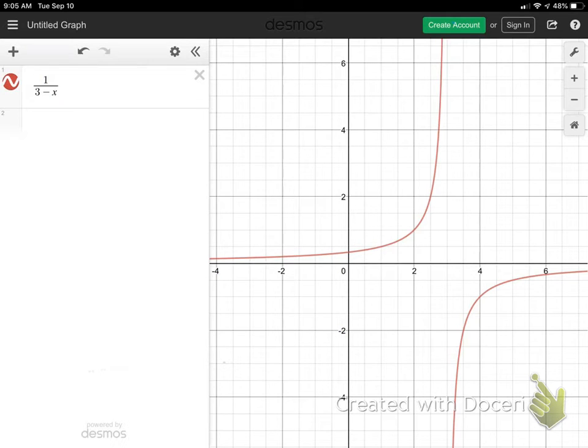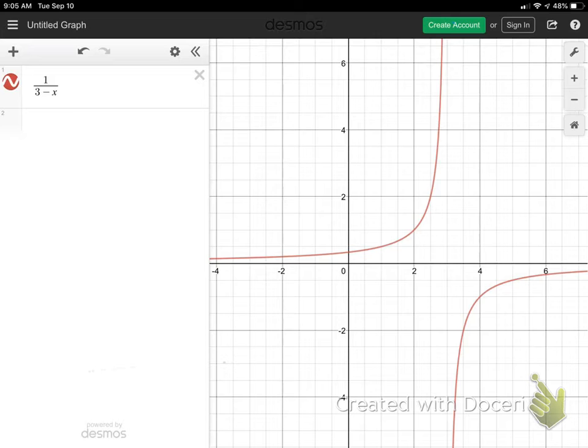Now I want you to do 3 divided by negative 1. Negative 3. So is it okay to divide by a negative number? Now 3 divided by 2. 1.5. So can I divide by a positive number?